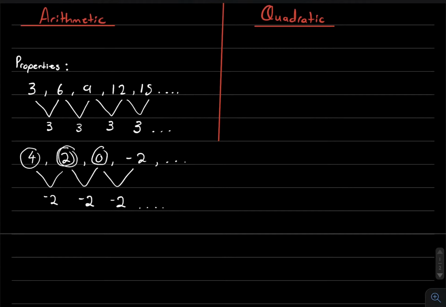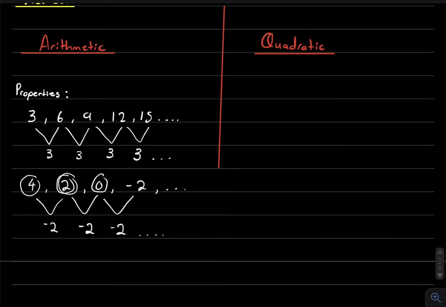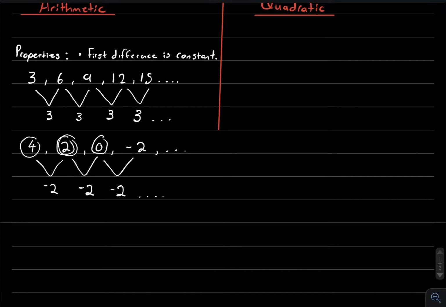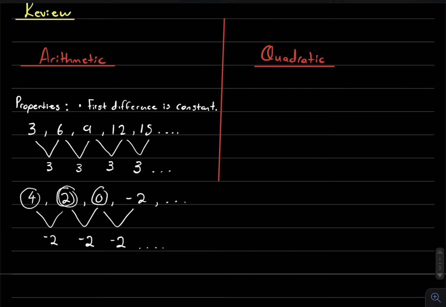So we see that there's a common trend amongst these arithmetic sequences, and that is the first difference is constant. Okay, so for all arithmetic sequences, the first difference must be constant.